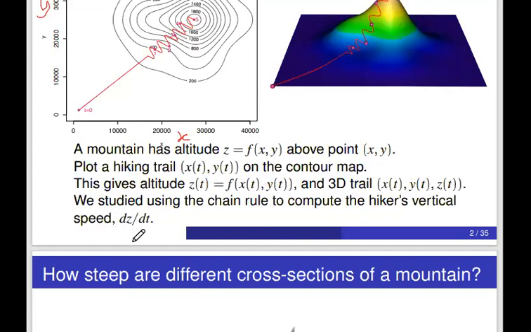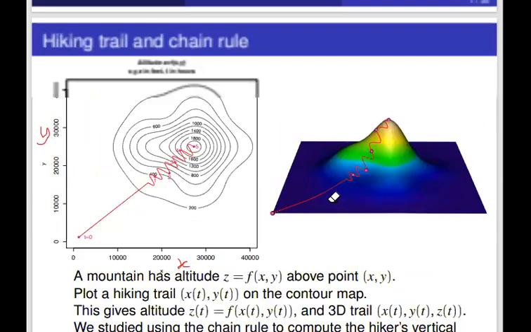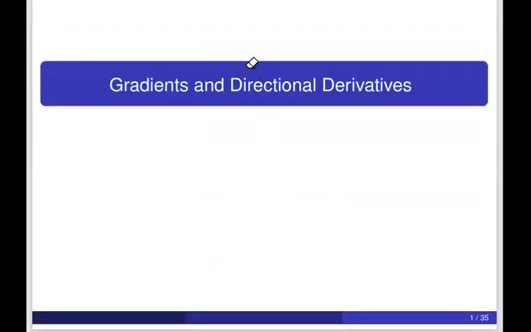So we want to calculate this speed, dz by dt. That is the motivation. We want to compute the hiker's vertical speed. So that's the real motivation. So how do you do that? That's why we are talking about directional derivatives, right?